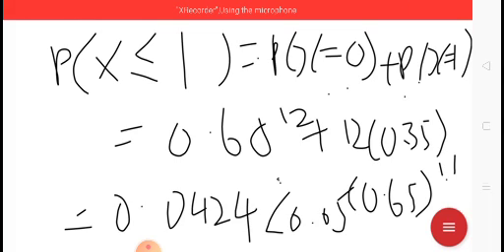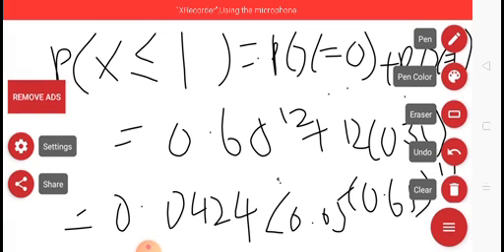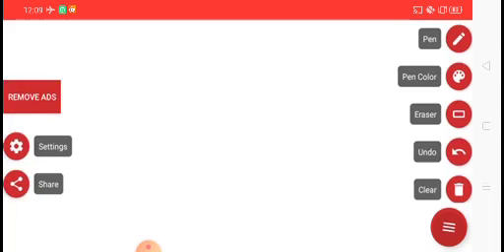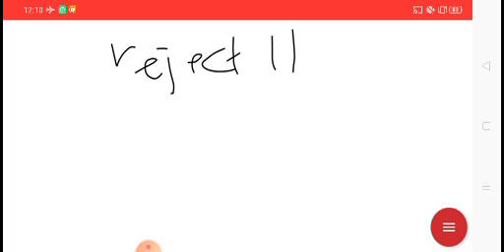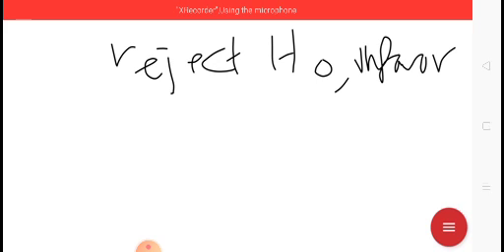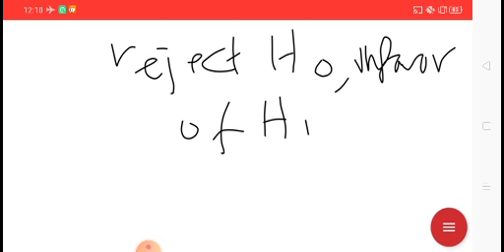So what does it mean? It means this value is inside the critical region. If inside the critical region, it means reject H0 in favor of H1, right? Because it is in the critical region.